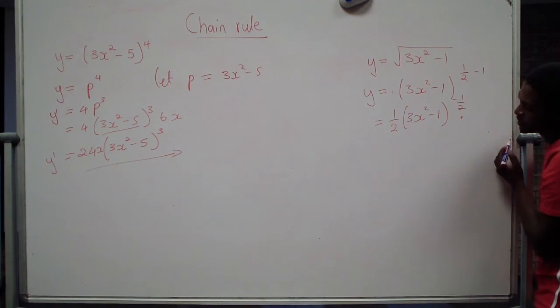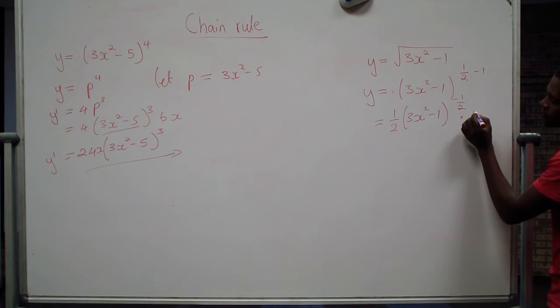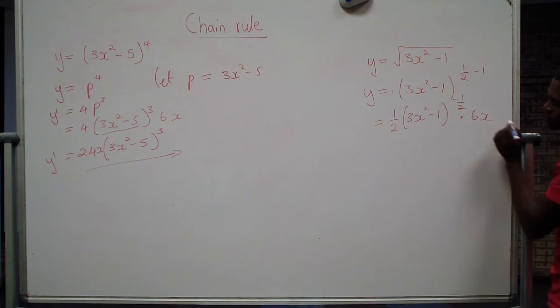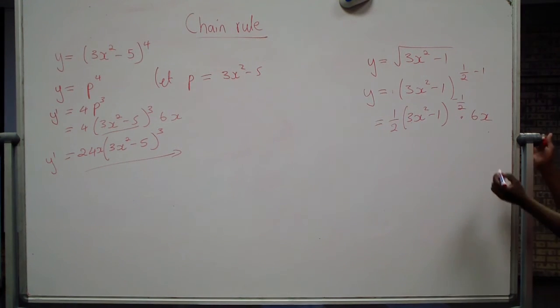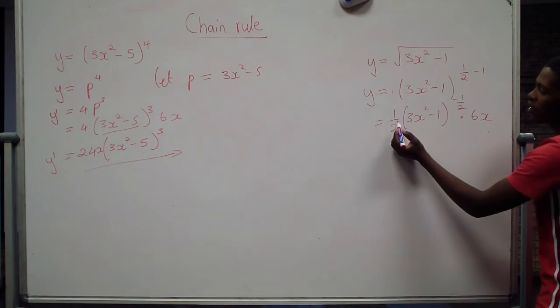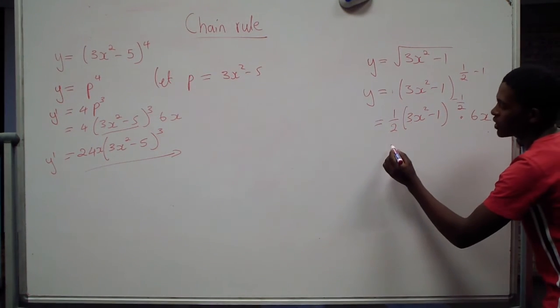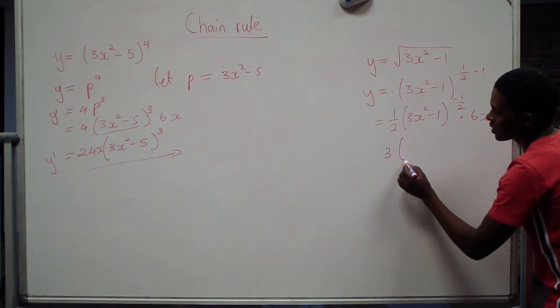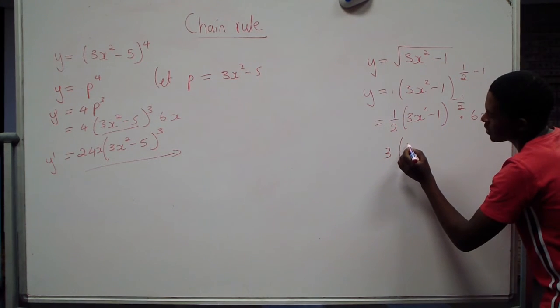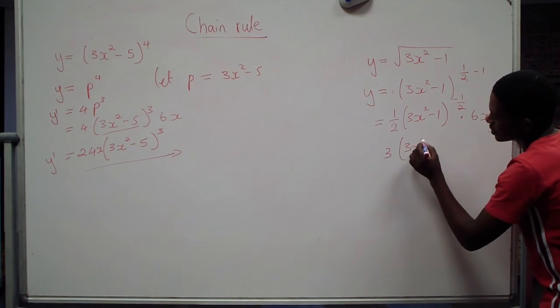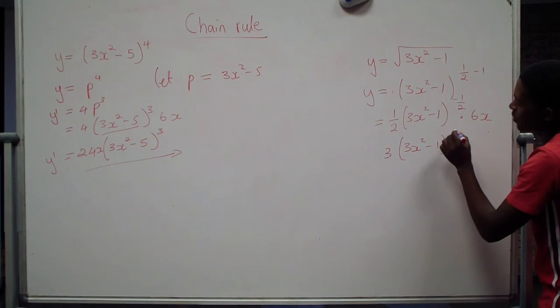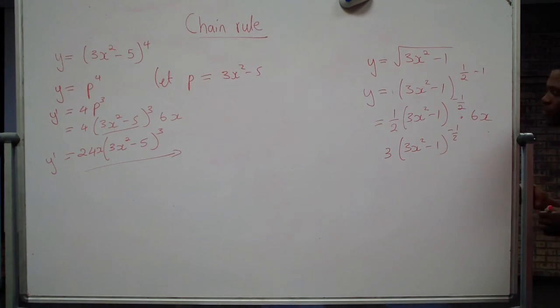2 multiplied by this, I will have 6x. Then now 6x multiplied by 1 over 2, I will have 3 multiplied by 3x squared minus 1 to the power negative 1 over 2.